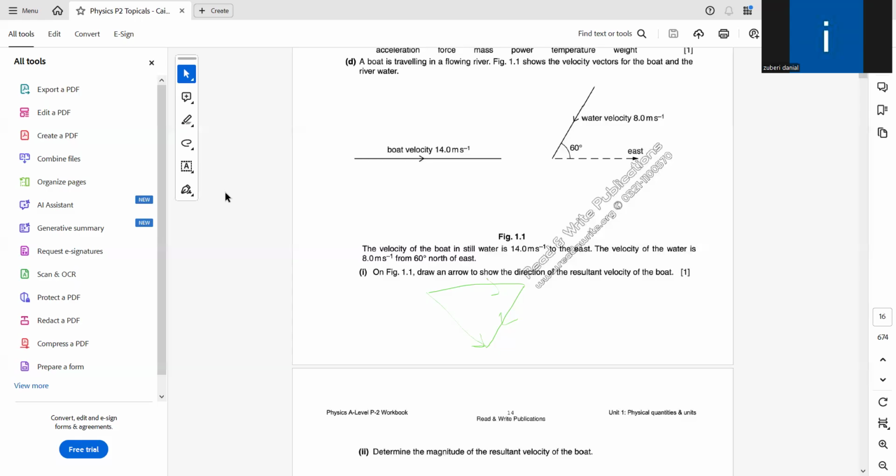Sir, is that correct? You have drawn a sketch on the screen to show the direction of the resultant velocity. Yeah, that is correct. Good, nice.